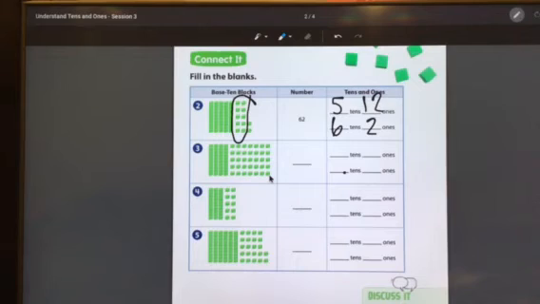So on the line right here, you're going to write the number 75.